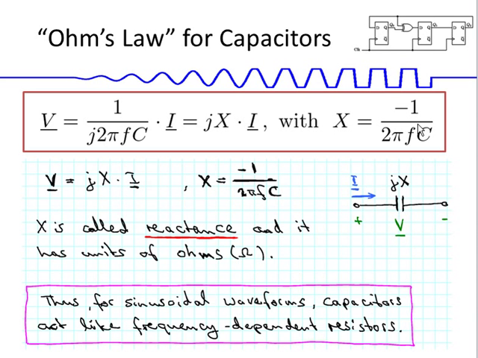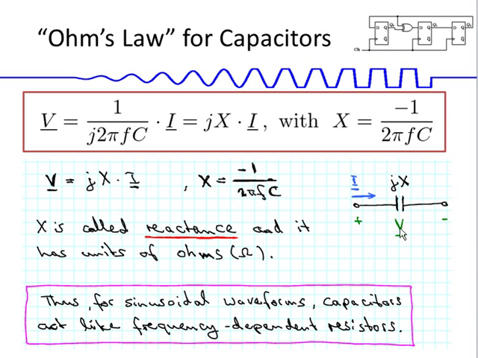X is called the reactance of the capacitor, and it has units of ohms. So it is the equivalent of resistance for resistors, but it's a slightly different form of resistance for capacitors. It's resistance to sinusoidal waveforms as opposed to resistance to general voltage and current waveforms as we have it for resistors.